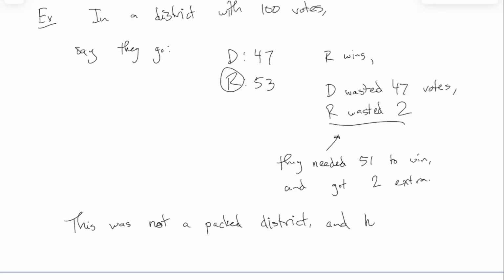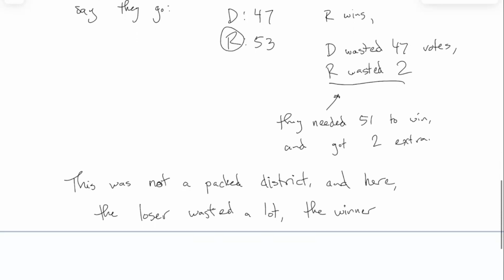And here, the loser wasted a lot. And the winner wasted a little. And that is actually kind of how it ought to be in a fair district. The winner will waste a little bit, only whatever they are beyond the margin of victory or beyond the threshold to win.